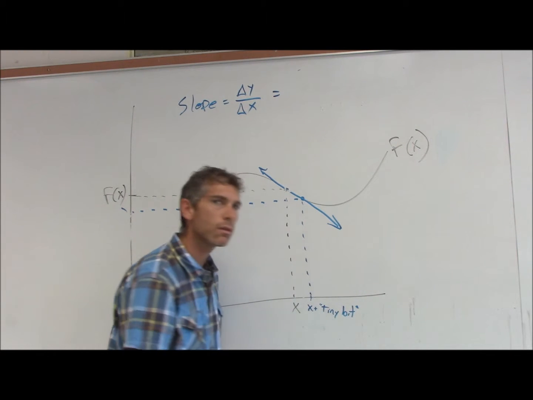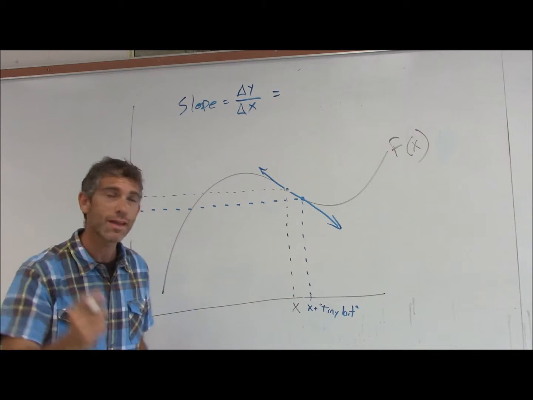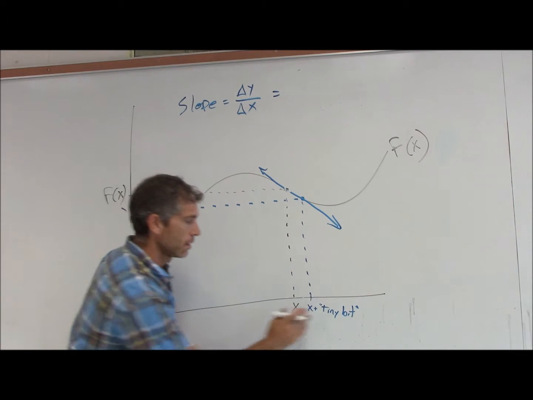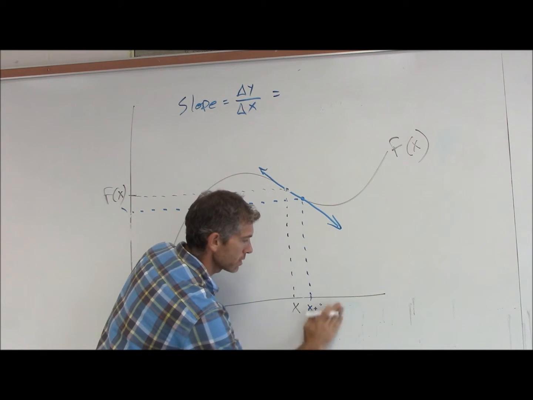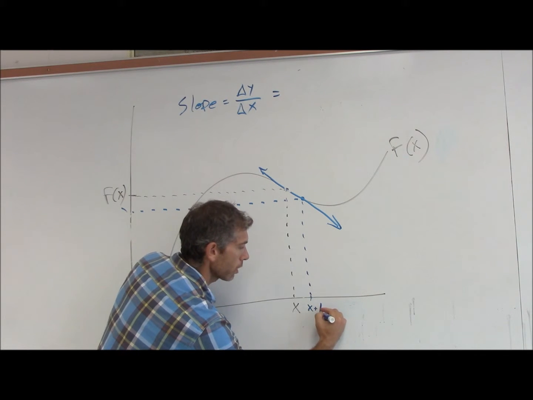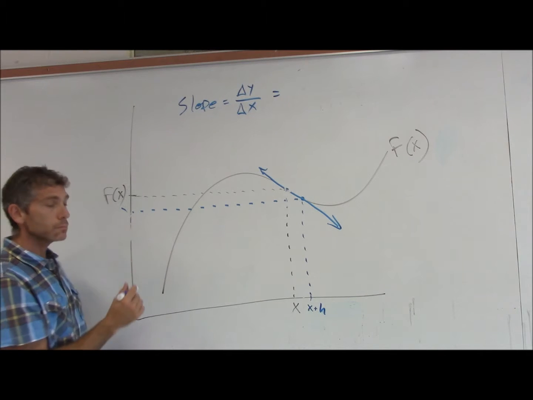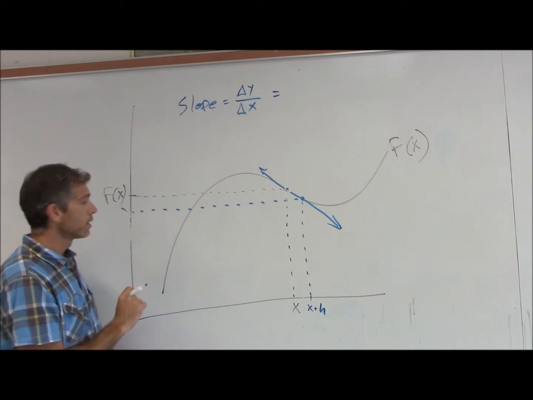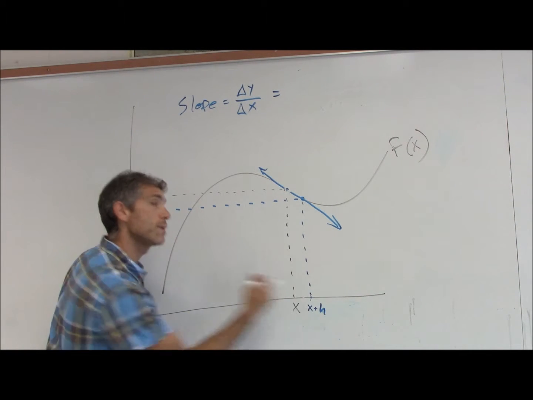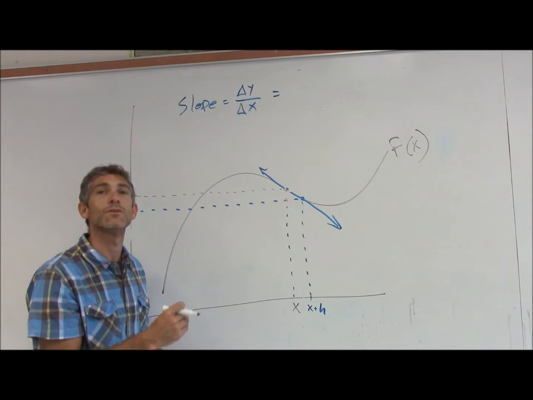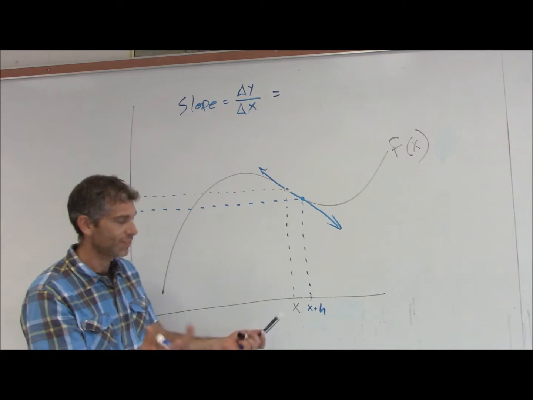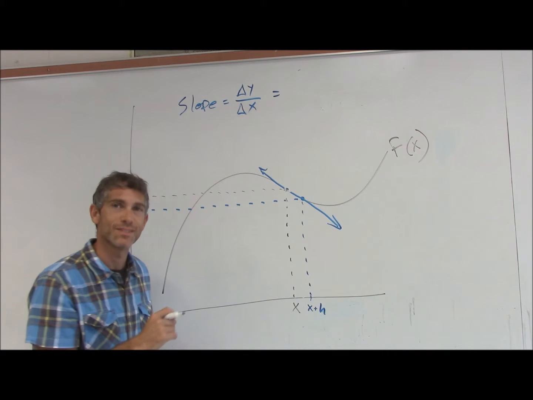That's that millionth or trillionth or Googleth, which mathematicians call h. So h is representing that tiny bit that you're adding to x. That's right. So if we're at 3, we'll go to 3.00000000001. If we're at 10, we'll go to 10.000000001.